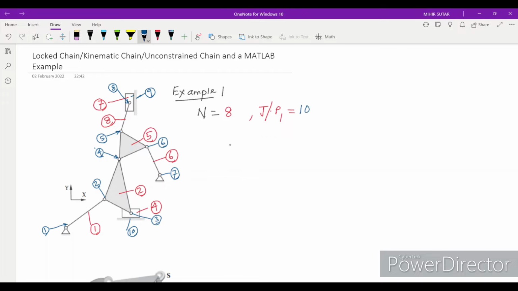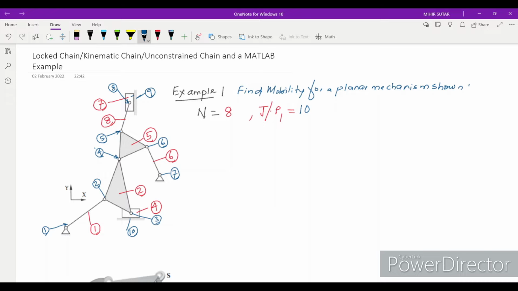Now we'll consider this as a planar case. For the planar case we have our equation to find the mobility or degrees of freedom. The question is to find the mobility for the planar mechanism shown.